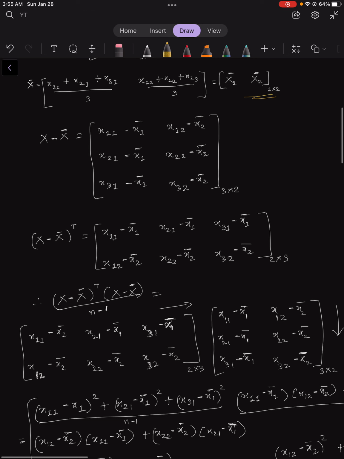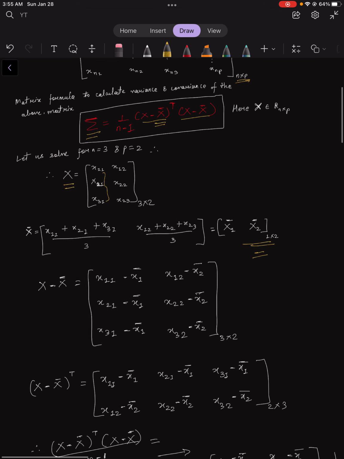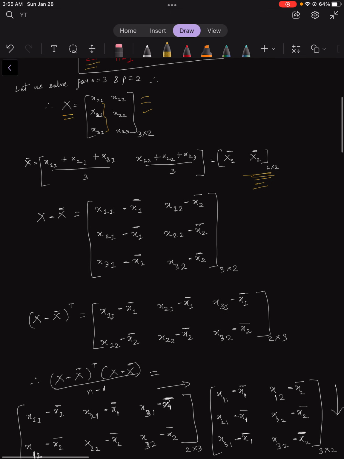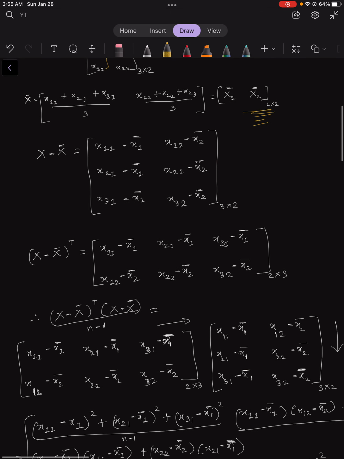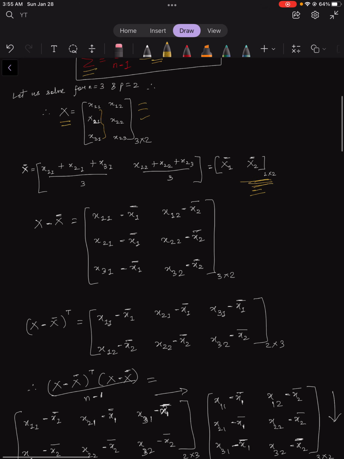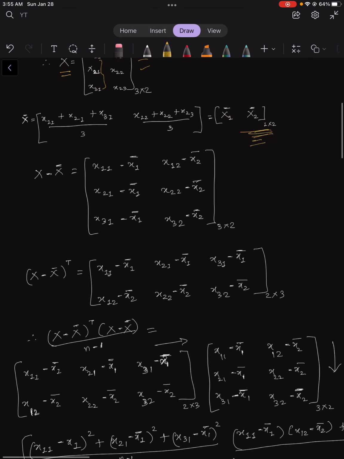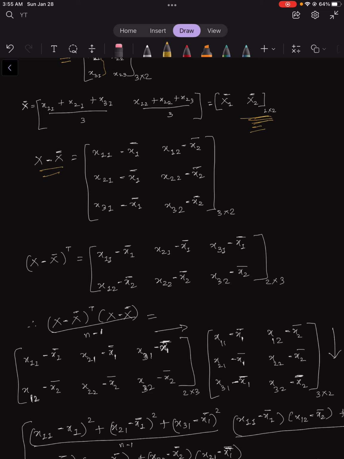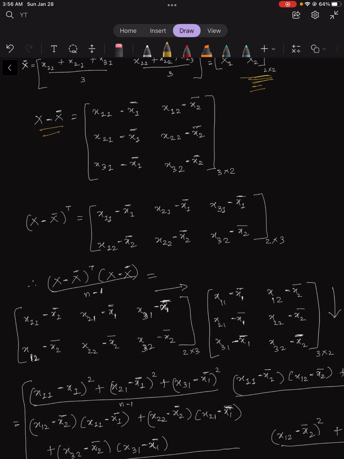If you want to subtract this vector from each row of the matrix, you can easily do it in Python with the help of NumPy broadcasting. The term broadcasting describes how NumPy treats arrays with different shapes during arithmetic operations. Therefore, here the 1 by 2 vector will be broadcasted into 3 by 2. X minus x bar denotes the centered matrix. As you can see, these are the calculations for X minus x bar.